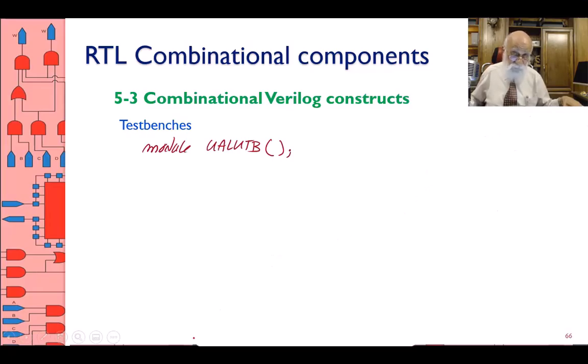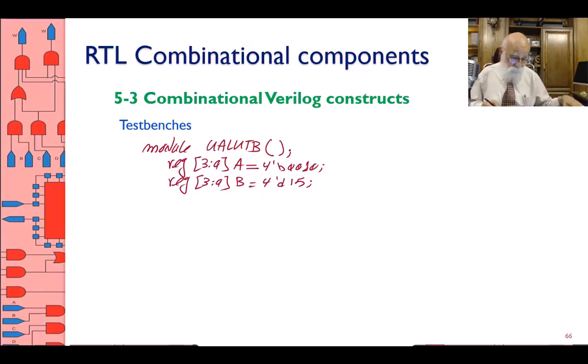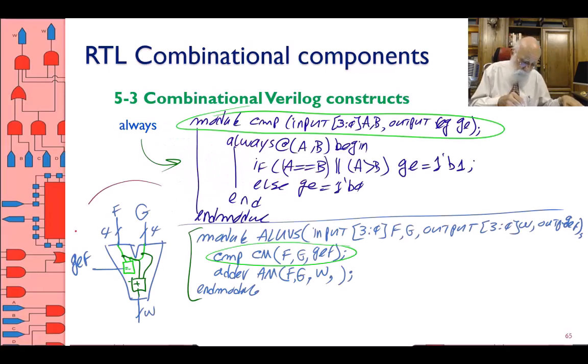Inputs are A and B, and therefore I declare reg 3:0 A equal 4'b0010. I declare reg 3:0 B equal 4'd15. I'm doing a test bench for this.